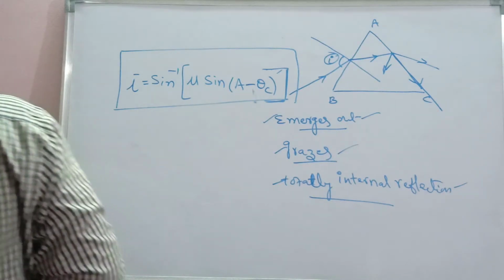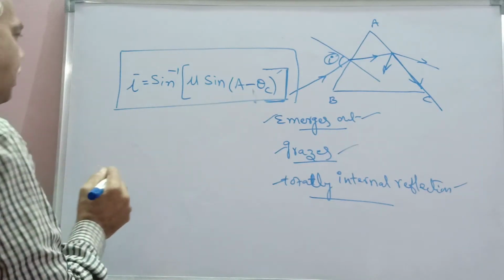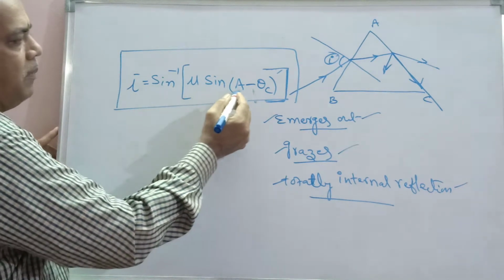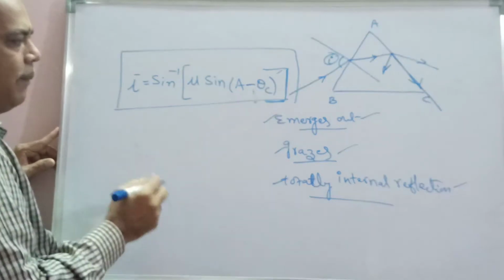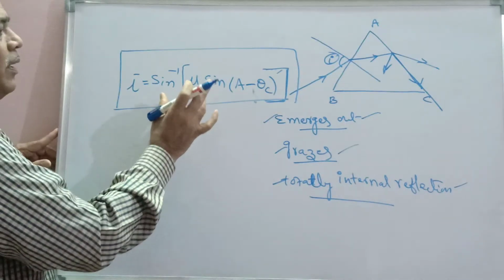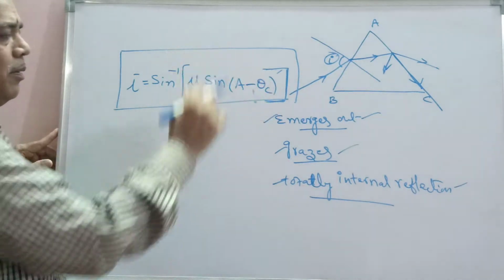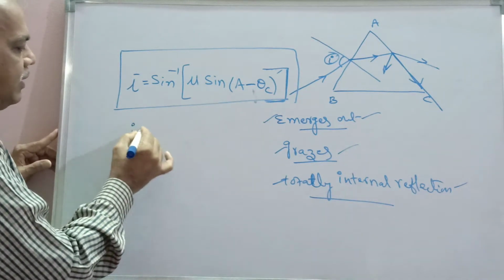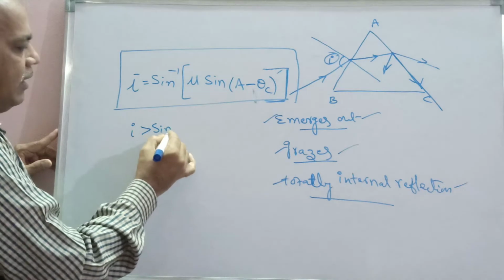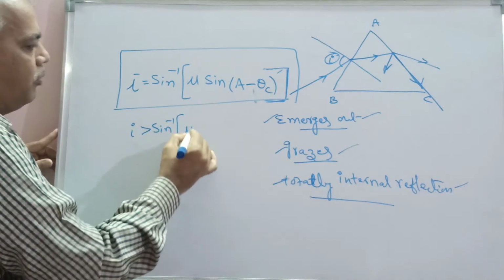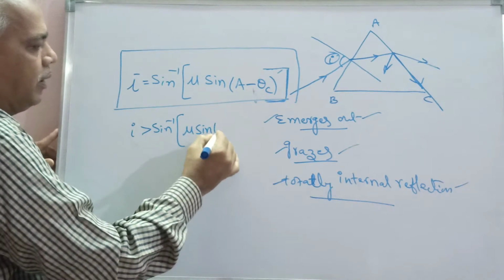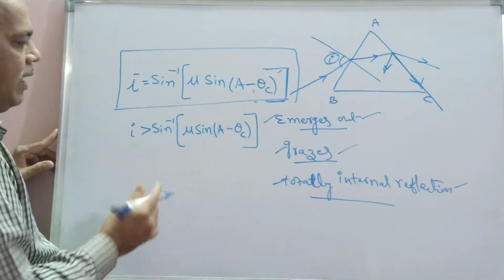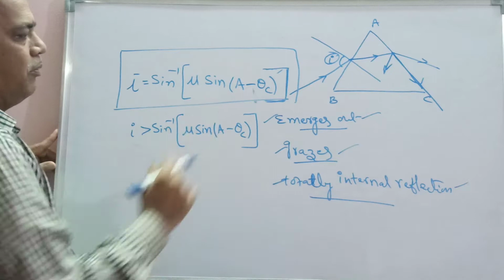Here, if I is equal to sine inverse of mu sine of (A minus theta c), what happens? This ray grazes the boundary. If I is greater than sine inverse of mu sine of (A minus theta c), it emerges out.